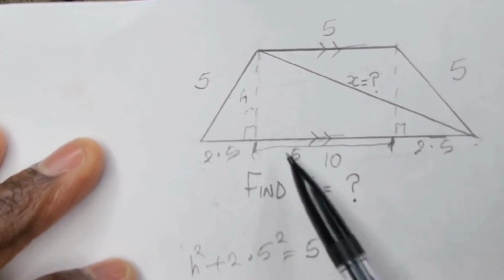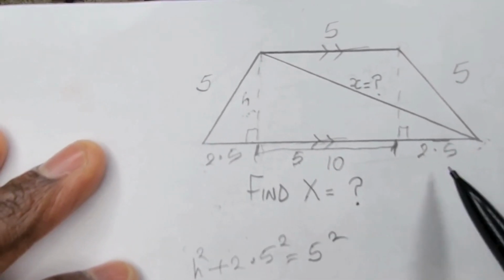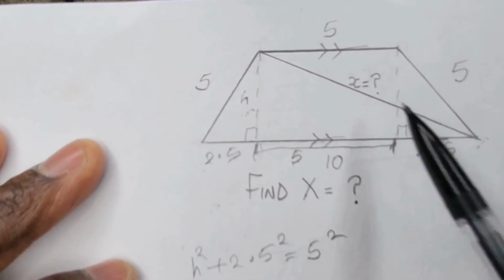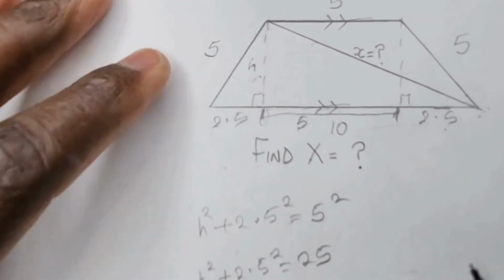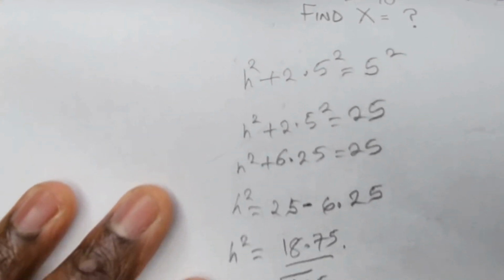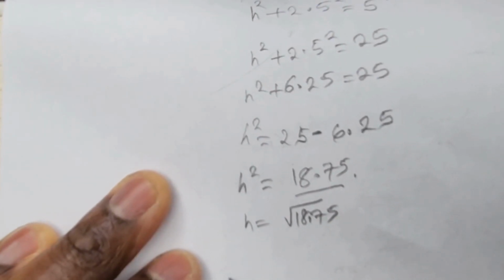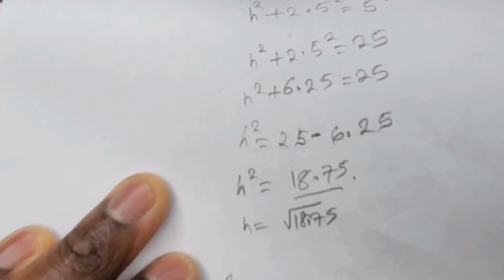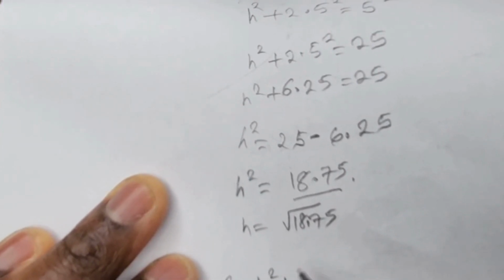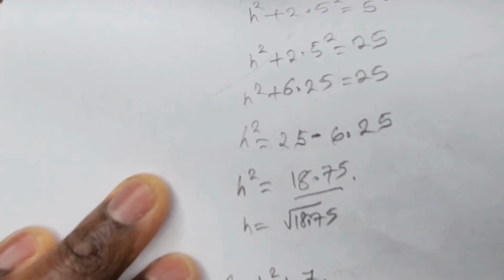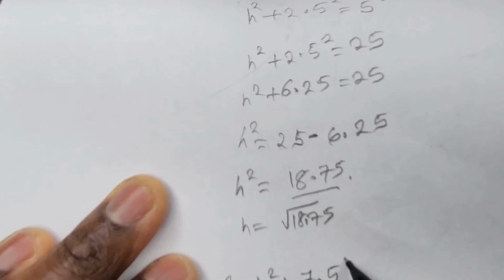We know this to be 7.5, so 5 plus 2.5. So we need to find this x. To find x, x squared is equal to h squared plus 7.5 squared.